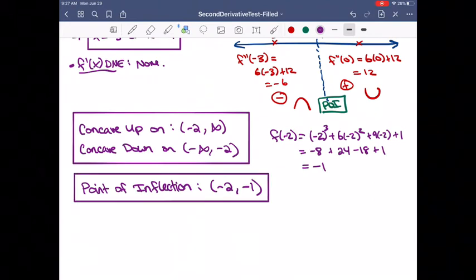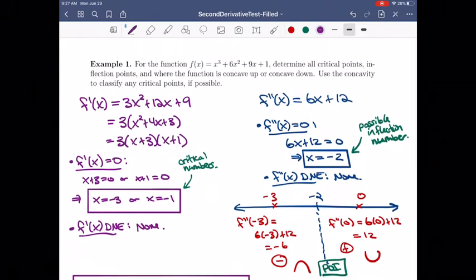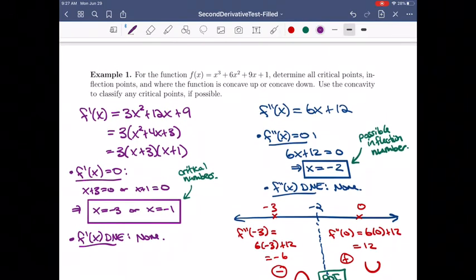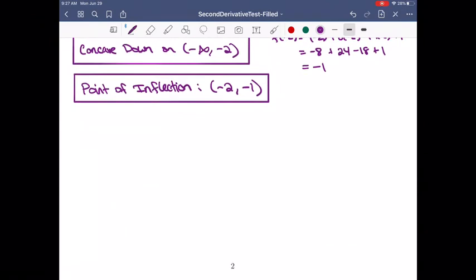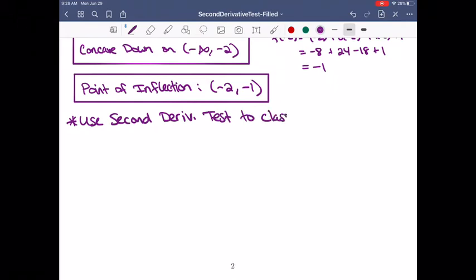Okay, so we know that. Now, we also want to test our critical numbers. Okay, and we want to use concavity to do it. So we want to try to use a second derivative test. We're going to use the second derivative test to classify x equals negative 3 and x equals negative 1.